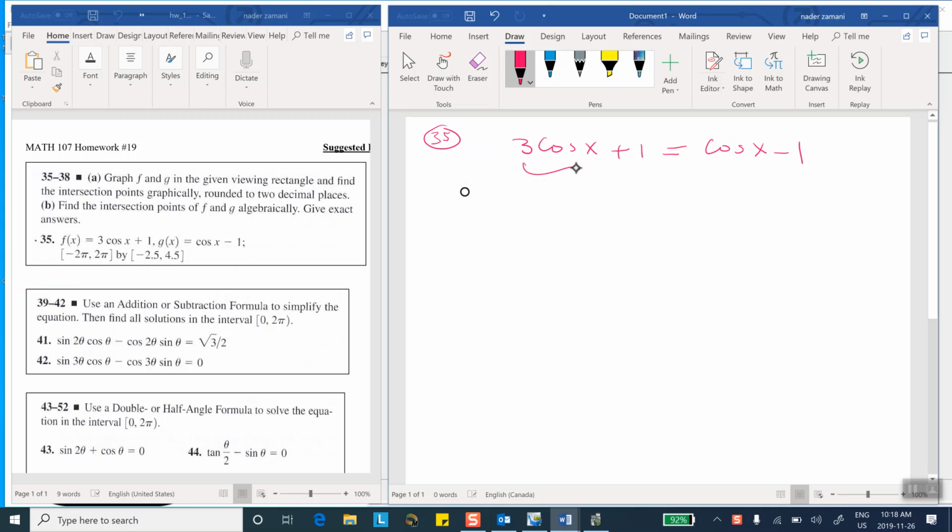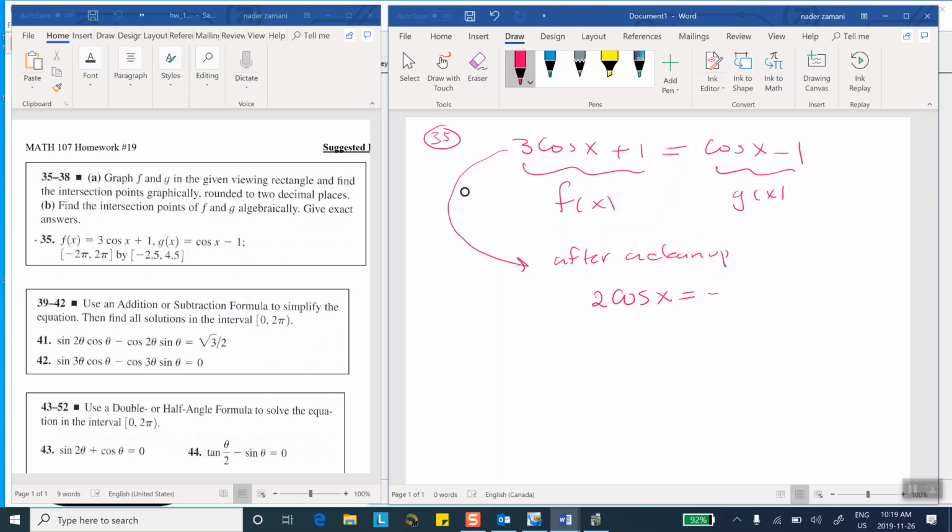This side is called f of x, and that side is called g of x. Notice that this is an easy equation that we can actually solve after a cleanup. After a cleanup, you get 2 cosine of x equal to minus 2, and cosine of x equal to minus 1.